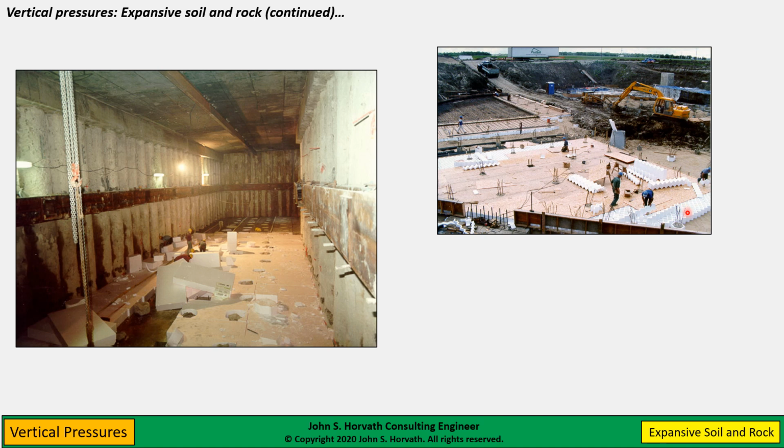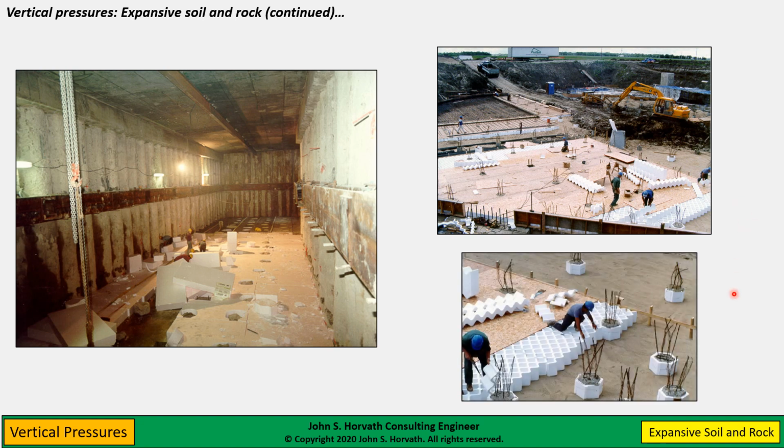And I'll show you an up-close photo in a minute, but here you see the tops of the deep foundations have already been installed, and they're placing the geofoam product with an underlayment on which workers will then come in and set the rebar and pour the structural slab for this tank. And here's an up-close view. Here you see the tops of the deep foundations. It's a very ingenious product.